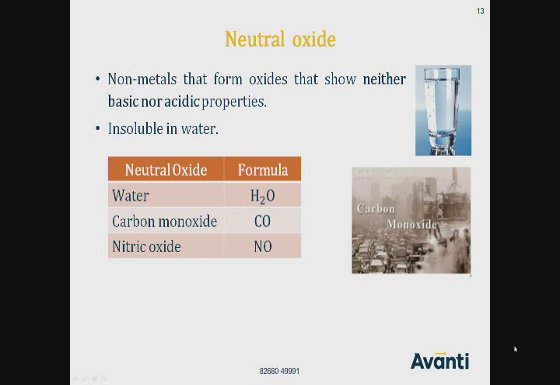So you have to write examples only carbon monoxide and nitrogen oxide, which is nitric oxide. Okay, I'm repeating. In the examples of neutral oxides, do not write water. Please write carbon monoxide and nitric oxide. Okay, copy and then confirm.